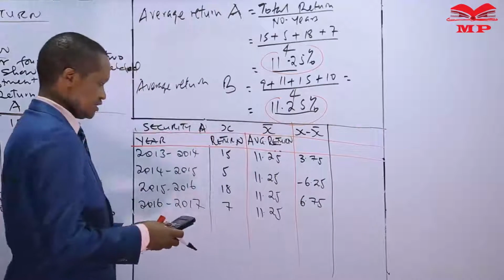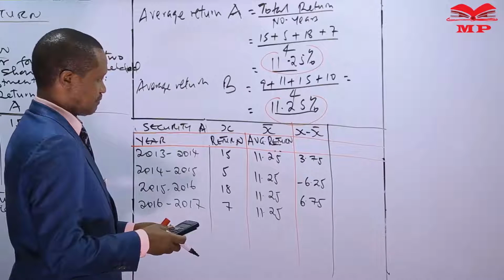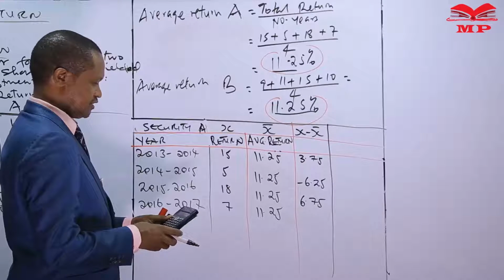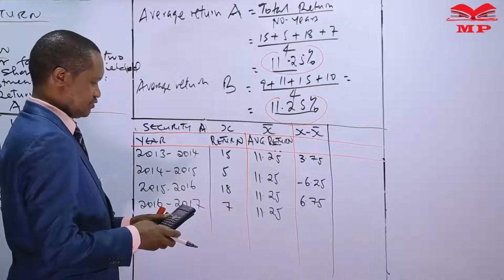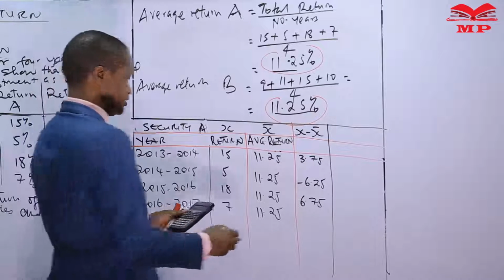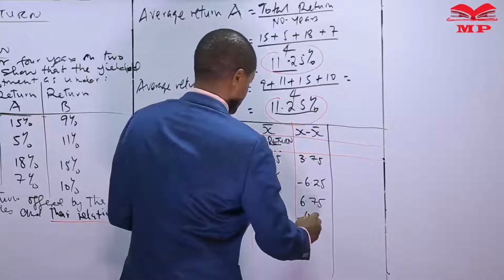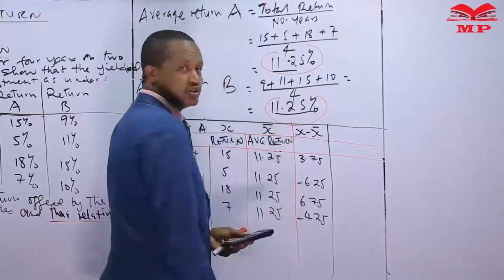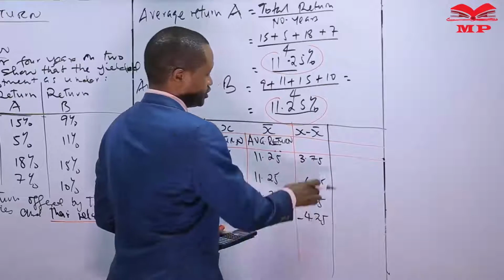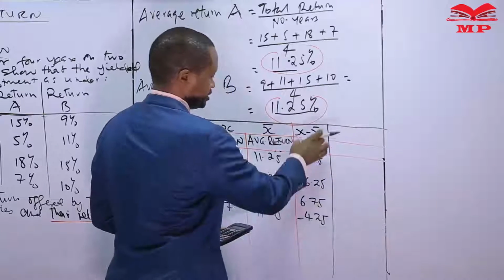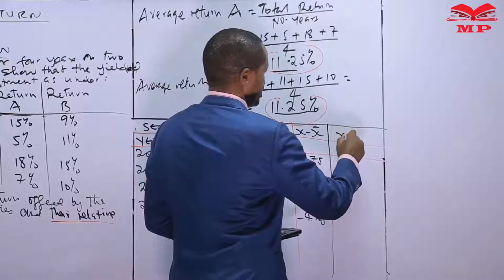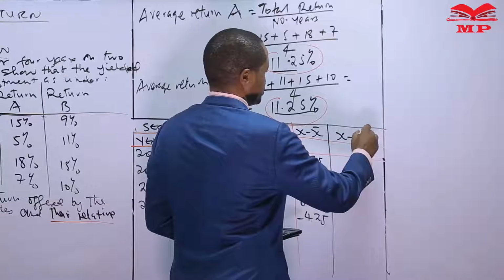Then lastly, 7 minus 11.25 is negative 4.25. So next we'll have to do away with the signs by getting the square of the deviations.